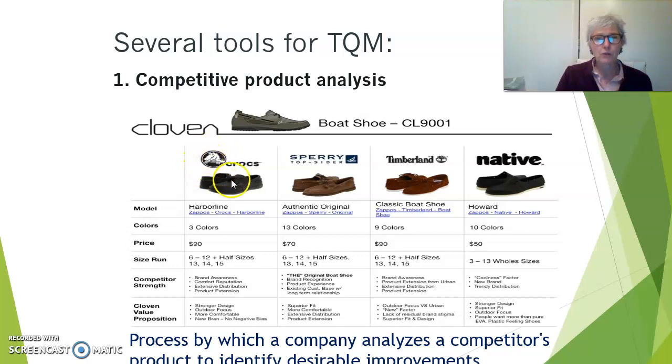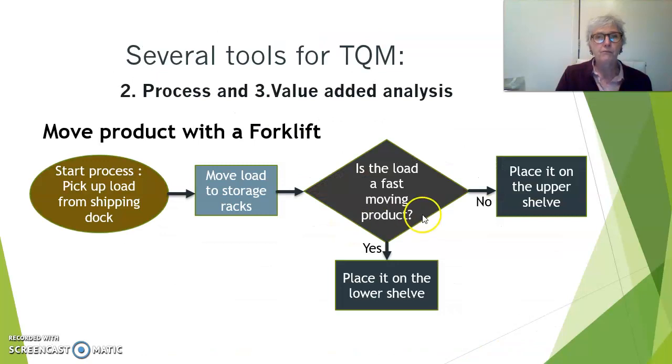And this producer, Crocs, compares the shoes with other competitors on several items: the model, the color, price, size, and the strong points of the competitors, and finally the value proposition. And so by comparing, the company can learn and can change and improve.